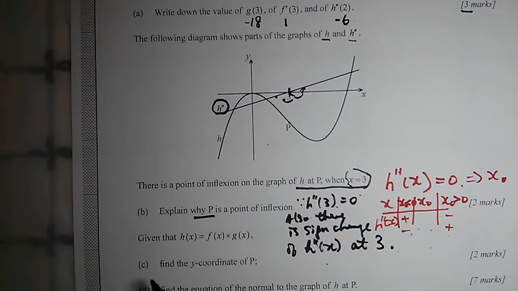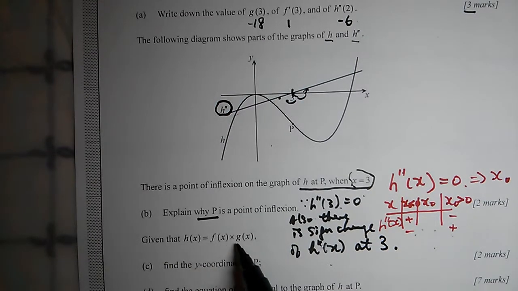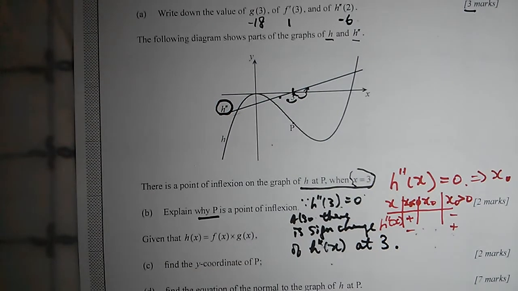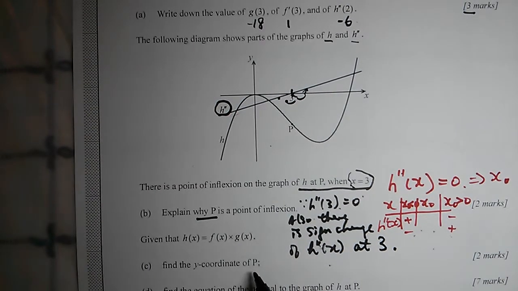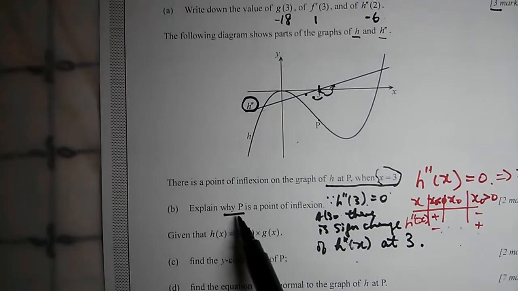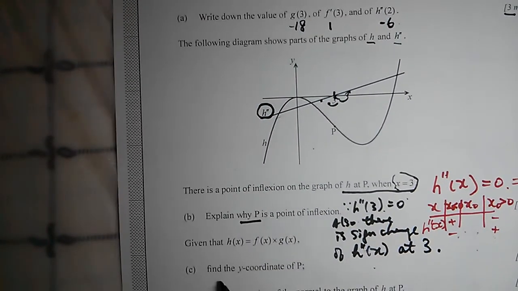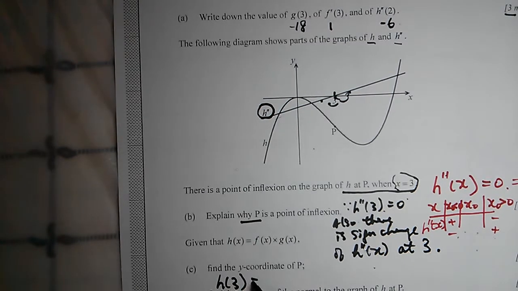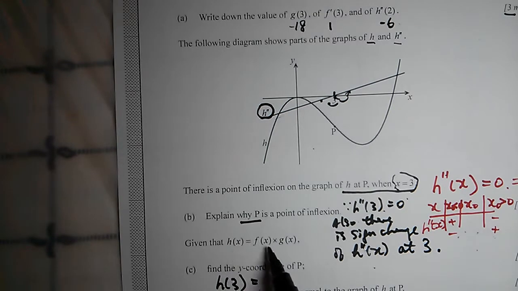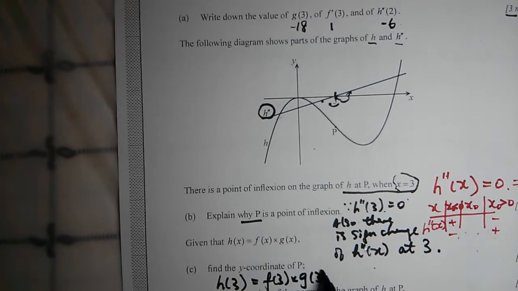Next, part C is given that h will now equal f(x) times g(x). First question is, find the y coordinate of P. So remember that P is when x equals 3. So the y coordinate of P must then be h(3), which you change x to 3, so you have f(3) times g(3).